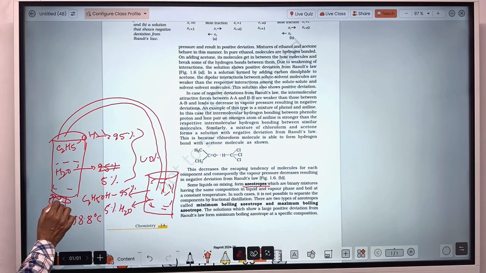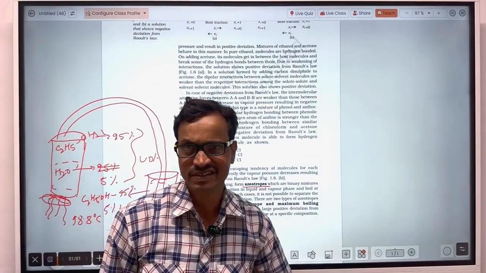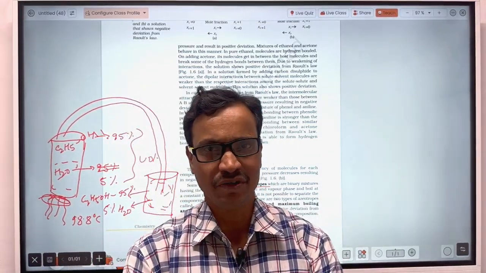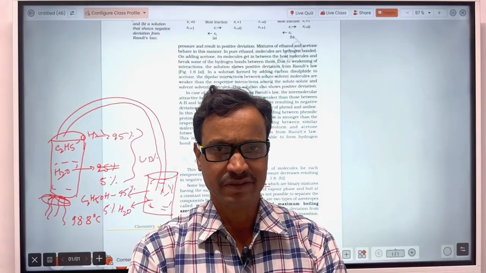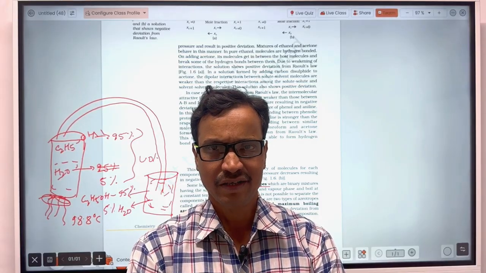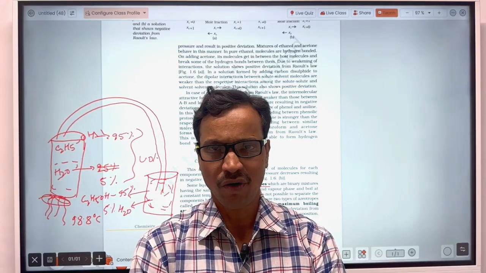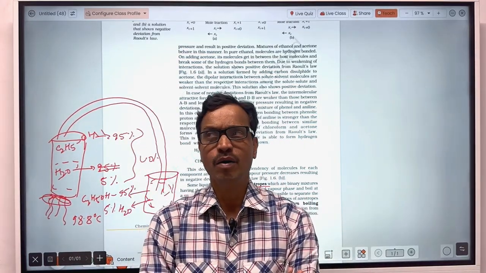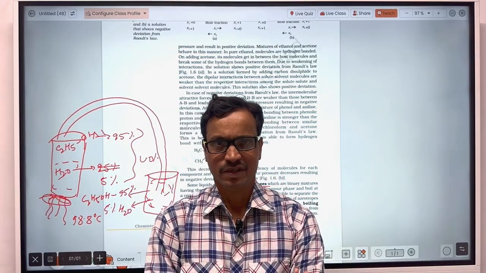So the boiling point here is fixed, as for a pure liquid.